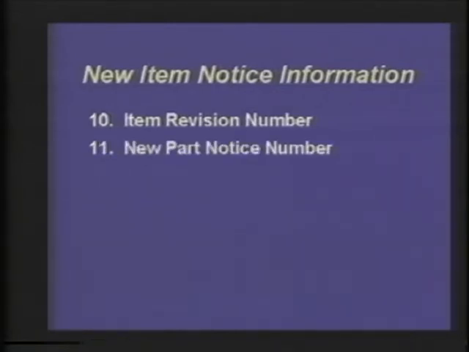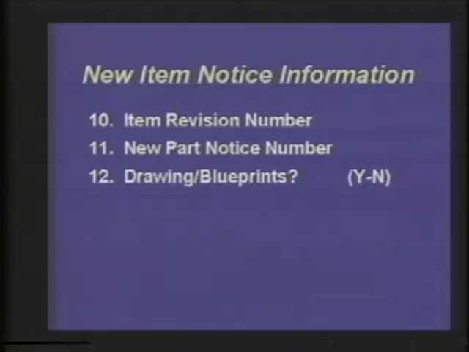Now, continuing on in page 11, we would have the revision number of those spare parts, the new part notice number itself. Now, if any documentation for the equipment or the spare part is required, such as blueprints and drawings under 12. 13 would be the installation data.